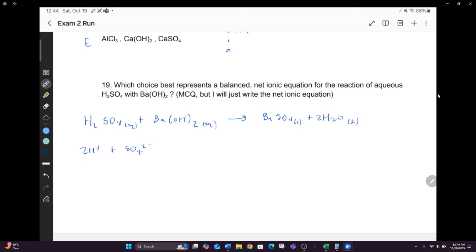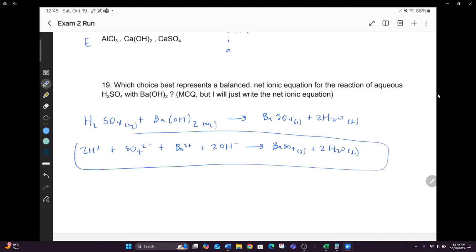Again, you need to know your polyatomic ions for this. Very important. Your Ba 2 plus, and your two OH minuses. This yields your BaSO4 solid and your two H2O liquids. Again, you turn anything aqueous into ions, you leave solids and liquids alone. And this is your net ionic equation.